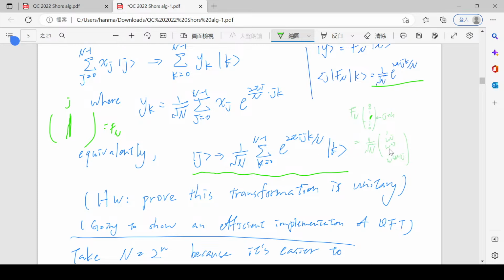And what you get is this state, which is a sum over all computational basis states once again, from 0 to n minus 1. All of them have amplitude 1 over square root n, so just say it's outside. And also a phase of e to the 2 pi i jk over n. And if we define omega as e to the 2 pi i over n, then this is going to be 1, omega to the j, omega to the 2j, all the way to omega to the (n minus 1)j.